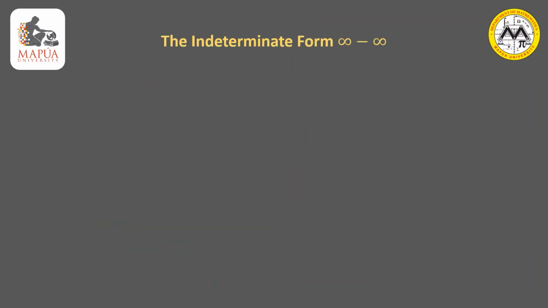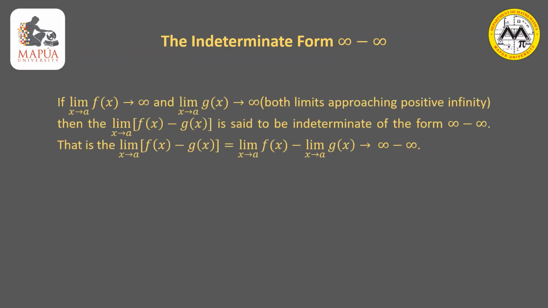Okay, let us now look at the case of having an infinity minus infinity, another indeterminate form. We will encounter this case whenever the limit of f of x as x approaches a is unbounded positively, and the limit of g of x as x approaches a also increases without bound.